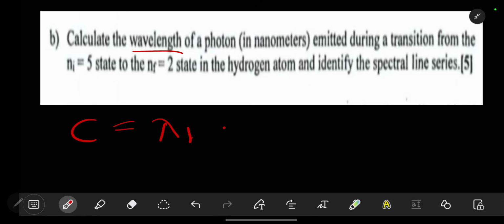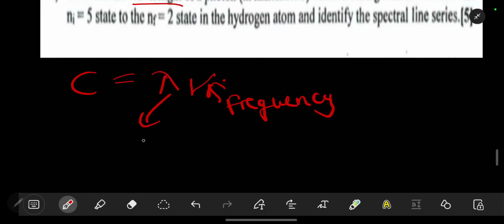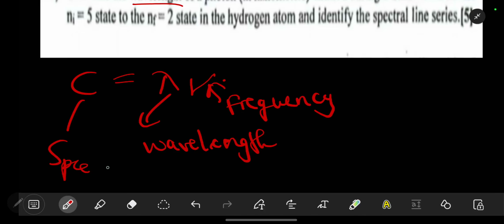Frequency, according to this topic, has got this symbol of nu. So this is the symbol for frequency, then this is the wavelength, then this is the speed of light in a vacuum.